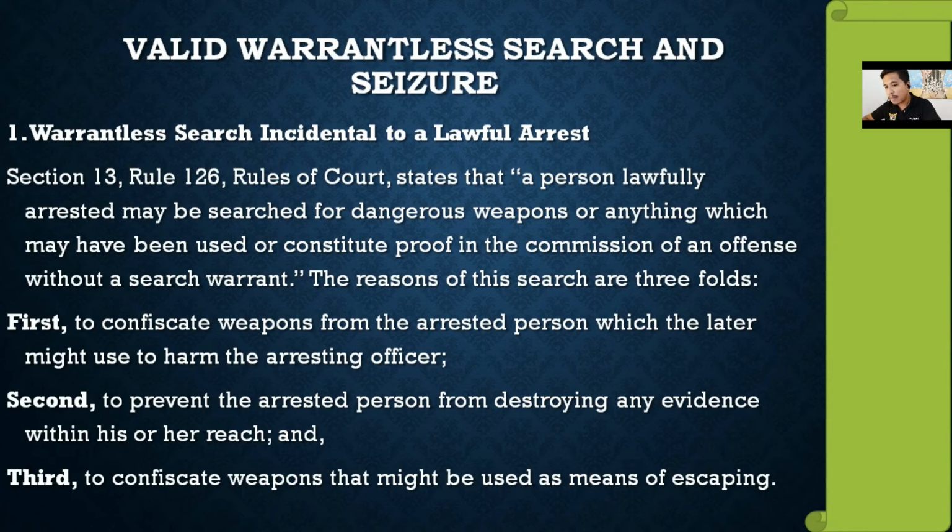Like he has pliers, screwdrivers, or any tools that would afford him to escape from the authorities. All of these should be confiscated and you do not need a search warrant in order to make searches, okay? As long as the person has been lawfully arrested.